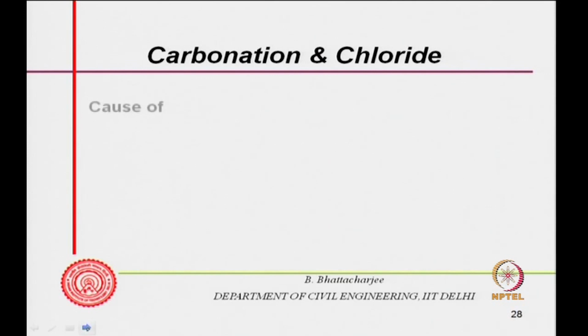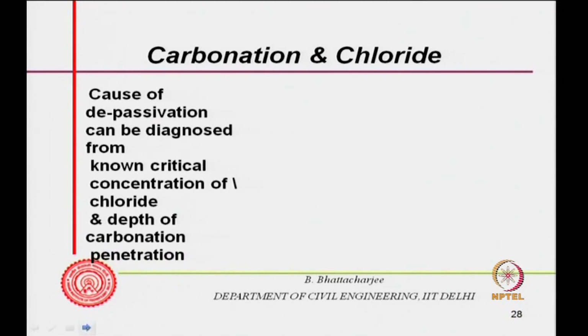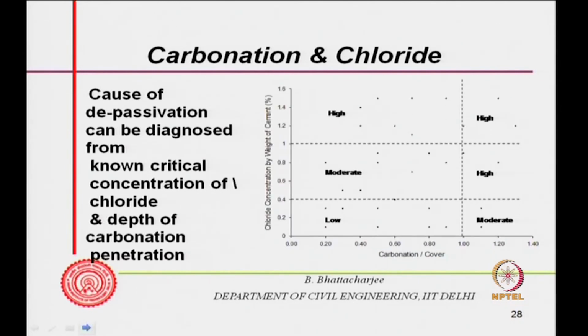Quickly, we can look into the cause of depassivation, which can be diagnosed from chloride concentration. If you have both chloride and carbonation, some diagrams are available. For example, for carbonation depth to cover depth of 1, the risk is relatively low, but if it is more than 1, that is carbonation only, chloride is relatively less. Here both chloride and carbonation are less, but chloride is high, so risk of corrosion is high.